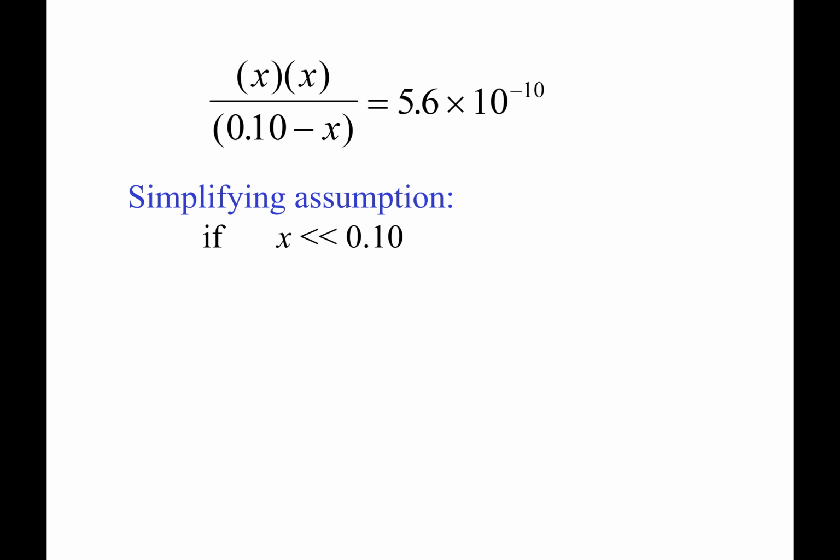That x is significantly small relative to 0.10 molar. 0.10 molar is the concentration of our weak base. So what we're saying is that at equilibrium, you're basically still going to have 0.10 molar CH3COO⁻. By the way, let me give a name to that. I've been calling this acetic acid, and it is.